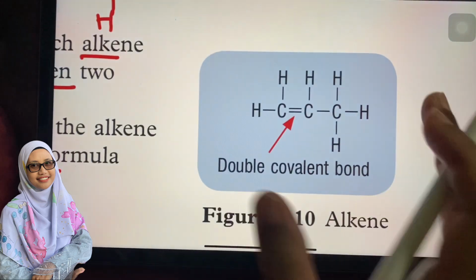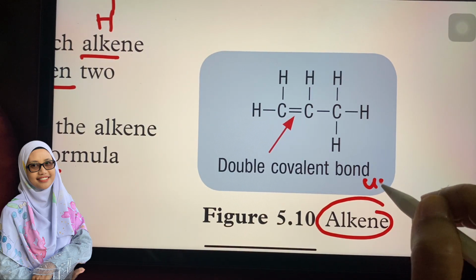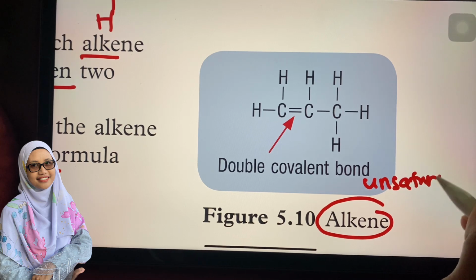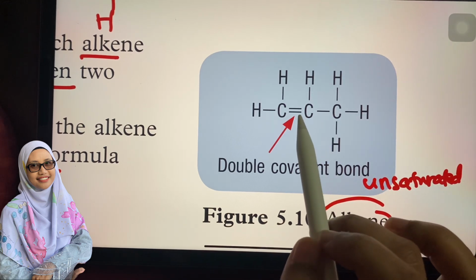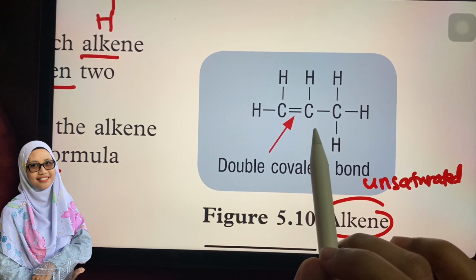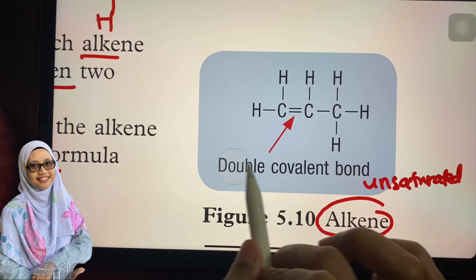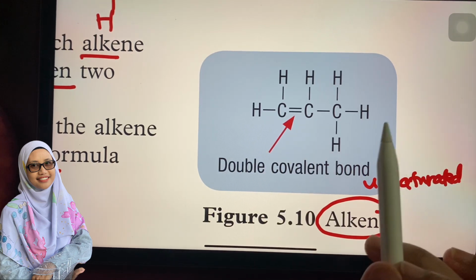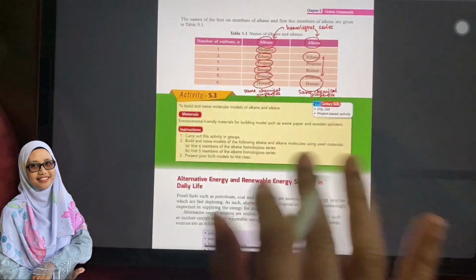So now we look at this. We know that alkene is unsaturated, so at least in their bonds they must have a double or triple bond. Here is an example of a double covalent bond. Now let's go to the formula.